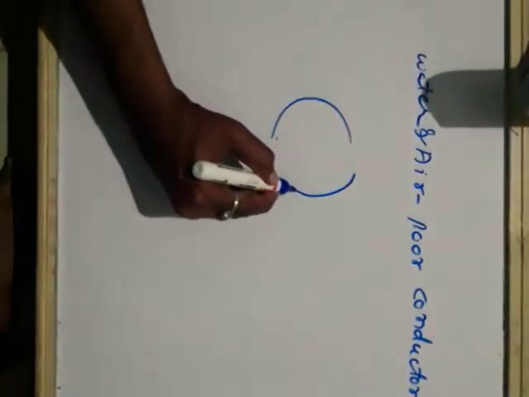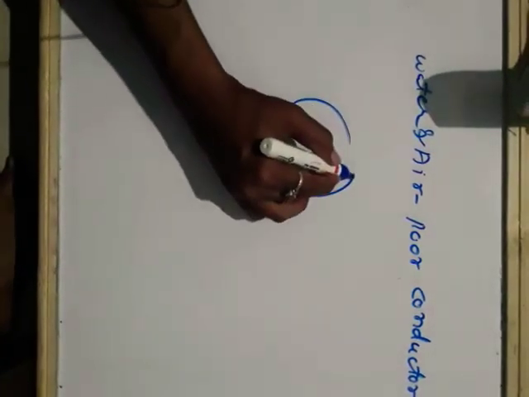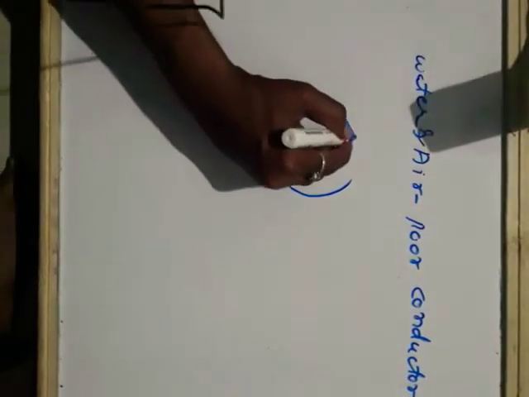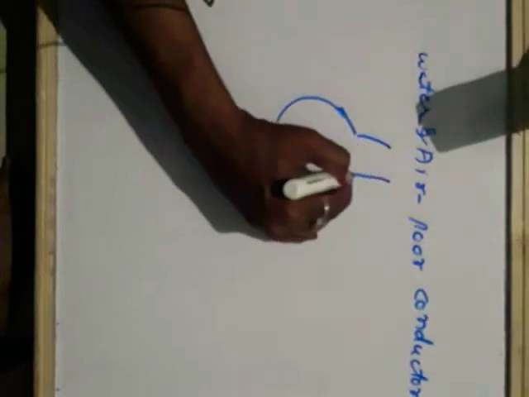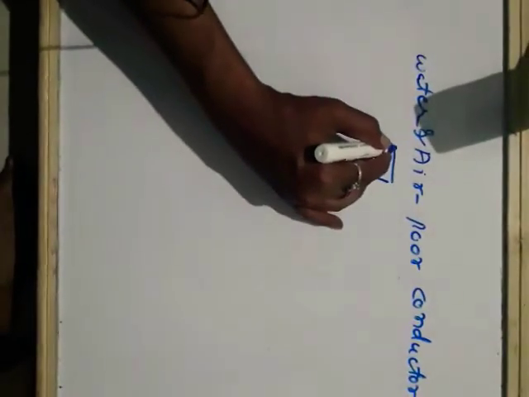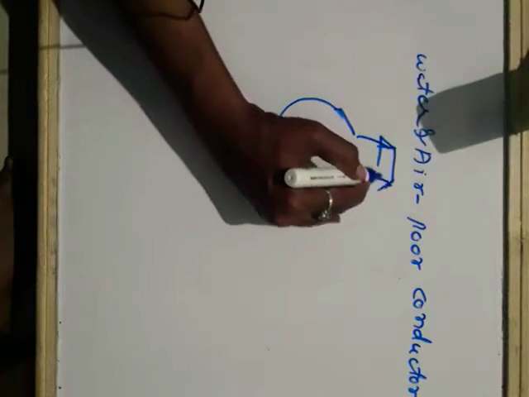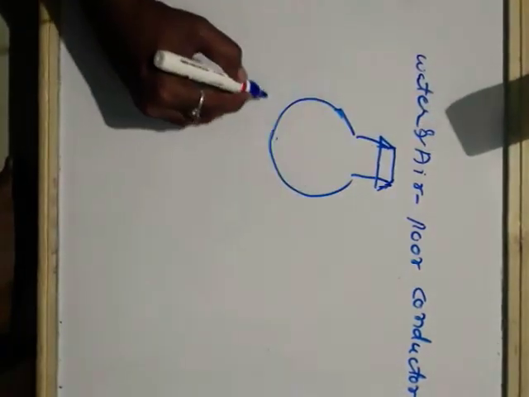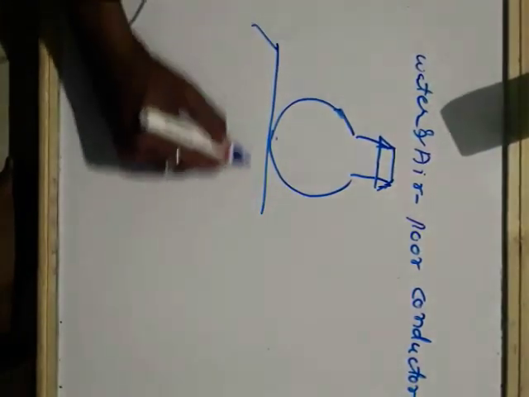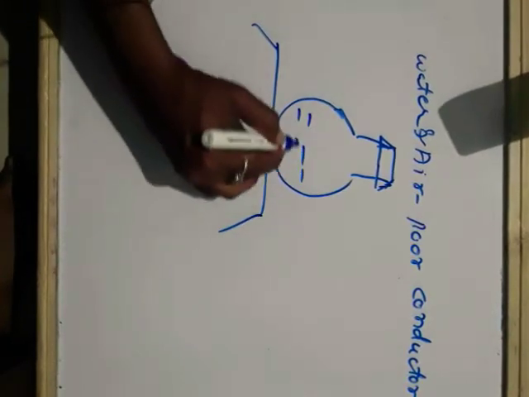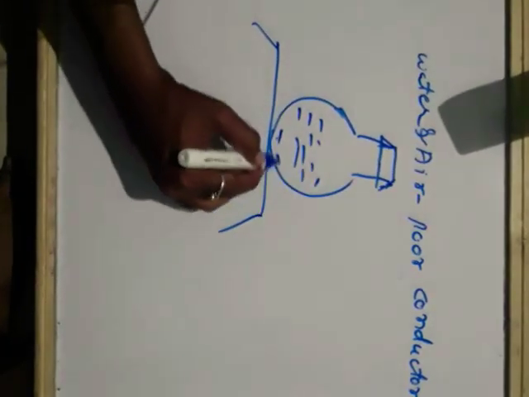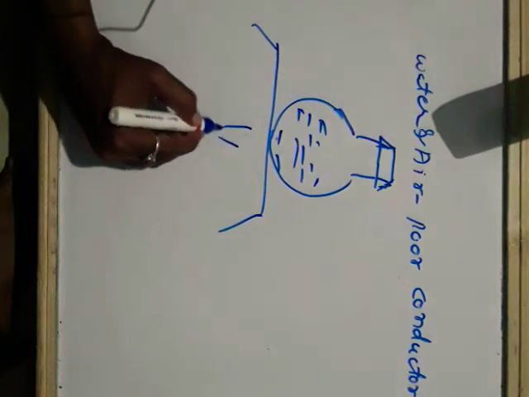To this flask you add water. You keep water in the flask. There you heat it. There is water here. There is a burner.